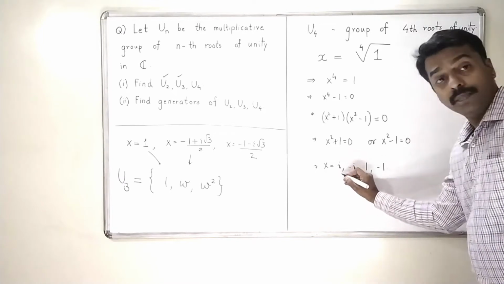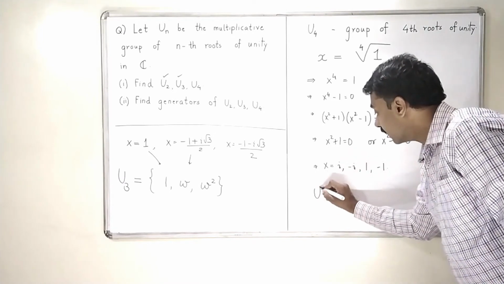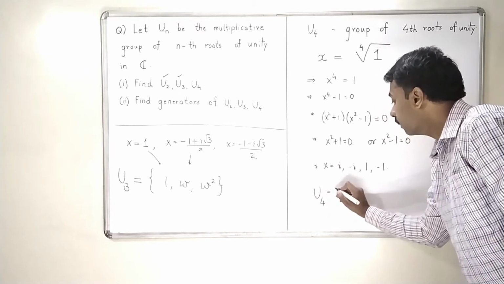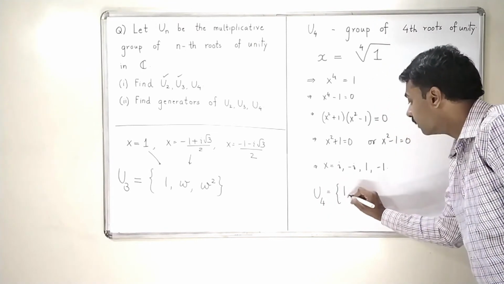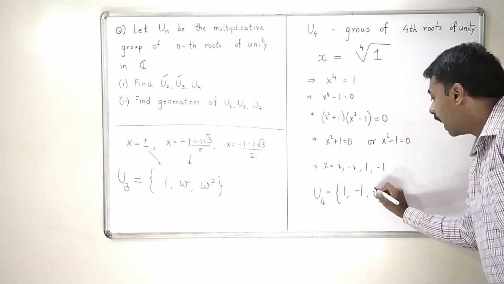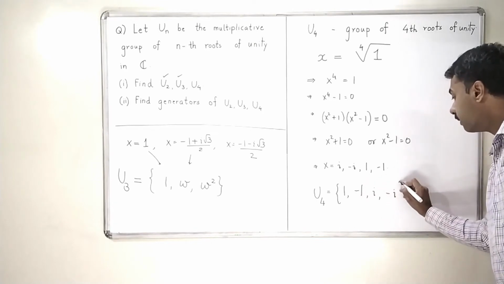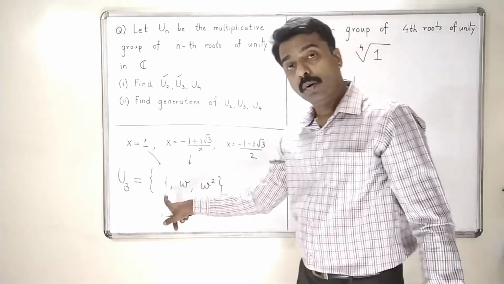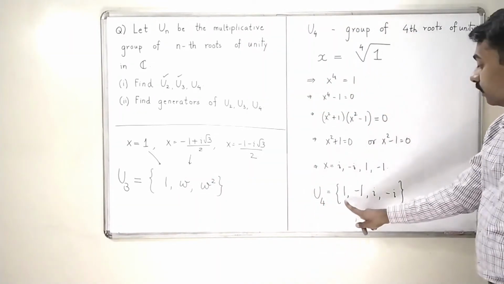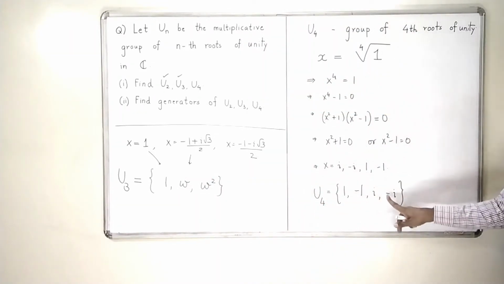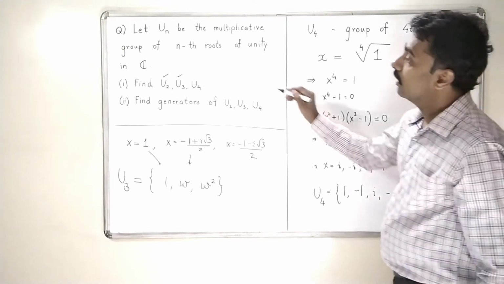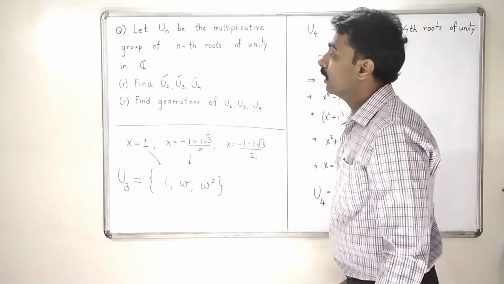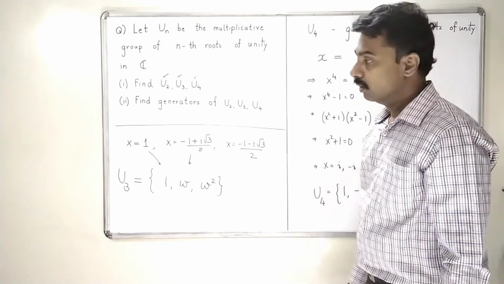So we get 4 people, and that set is U4, which is containing 1, minus 1, I, minus I, right? So U2 was 1 and minus 1, U3 is 1, omega, omega square, and U4 is 1, minus 1, I, minus I. So we have found out what is U2, U3 and U4.